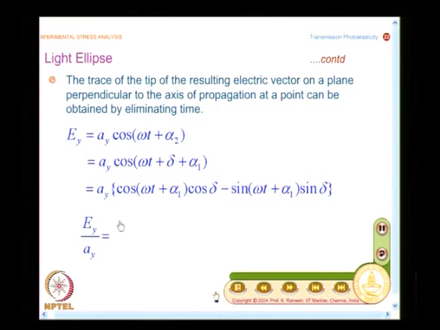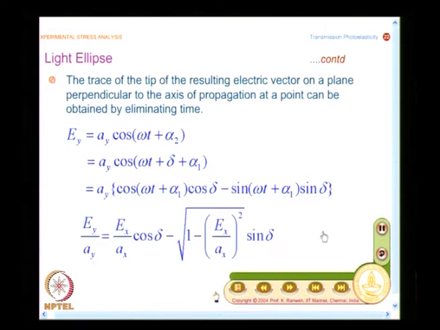So, now I will have an expression only consisting of E y, A y, E x, A x and expression involving delta. You could simplify it. Can you write it in this fashion? It is straightforward, you could do it easily, and when I do that I get the expression like this.